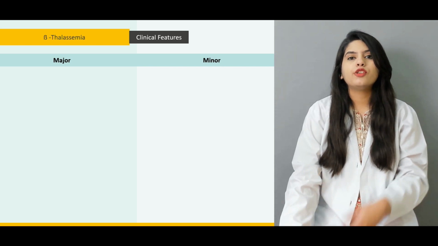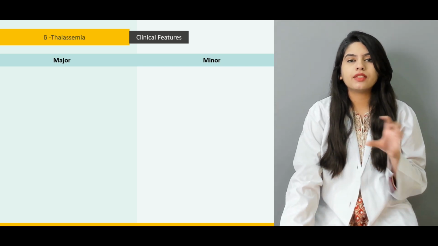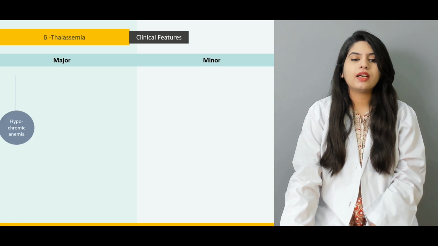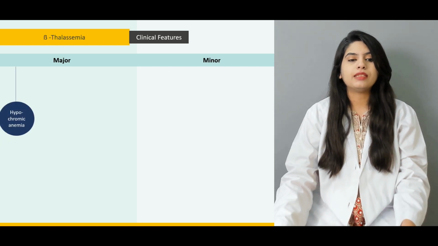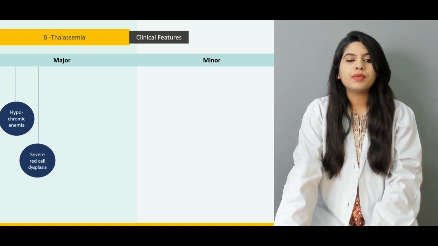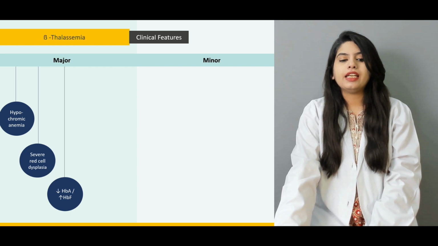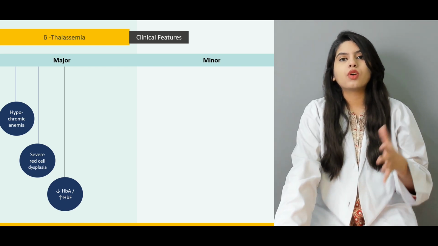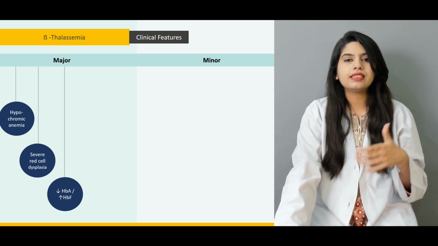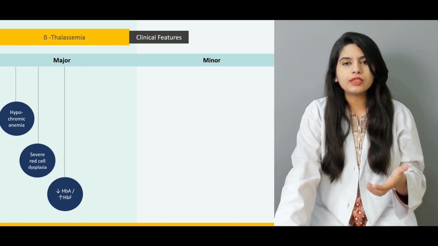Now, how can you distinguish between major and minor thalassemia? In case of major beta thalassemia, there will be hypochromic anemia, there will be severe red cell dysplasia, and the level of HbA, the normal hemoglobin present in an adult, will be decreased. Instead, the level of HbF will increase.